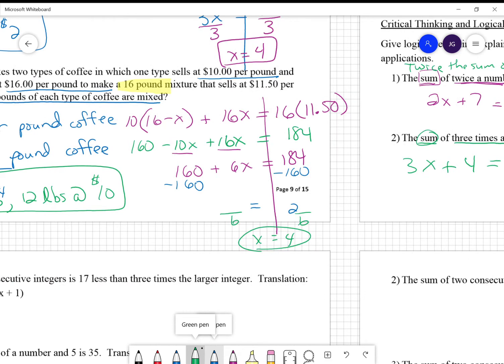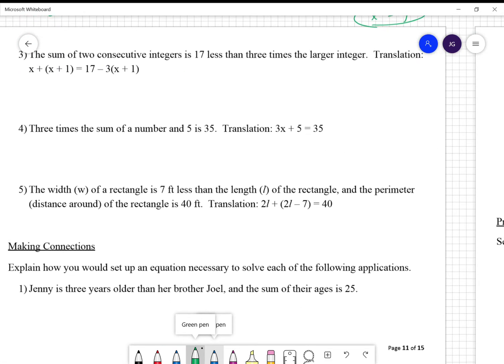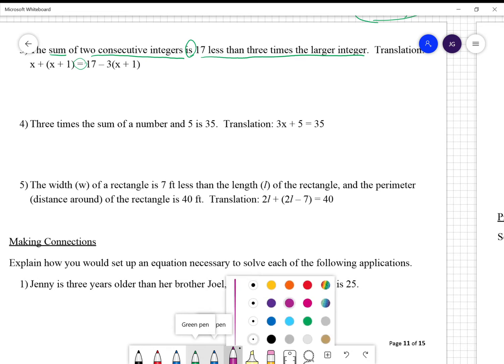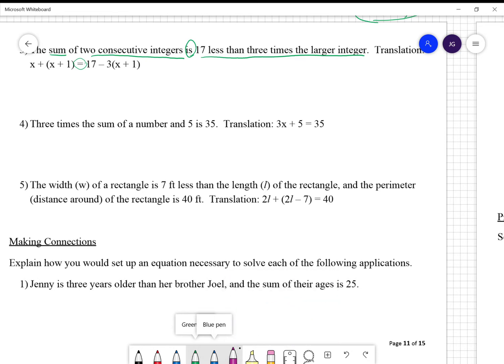Okay, next example. The sum of 2 consecutive integers is 17 less than 3 times the larger. Here's their translation: the sum of 2 consecutive integers is 17 minus 3 times x plus 1. Well, they have this part right, the sum of 2 consecutive integers, that is x plus 1.